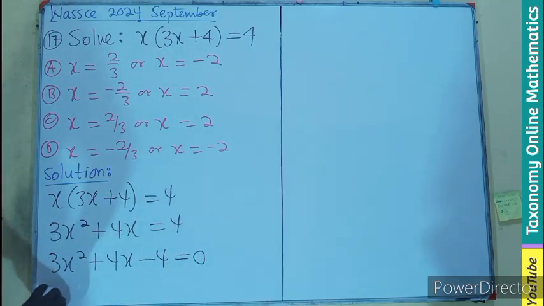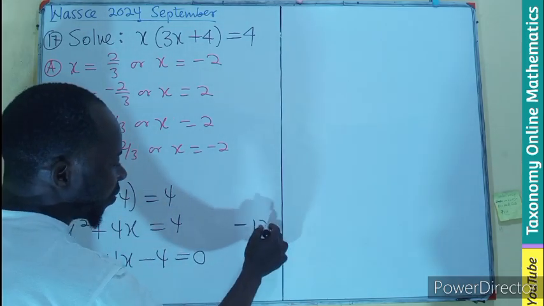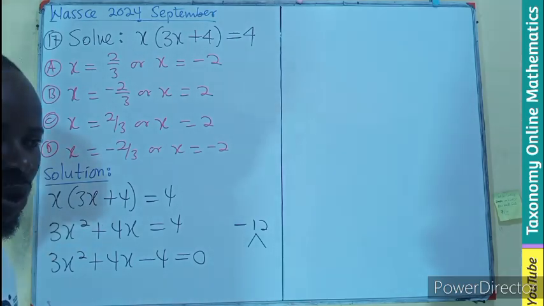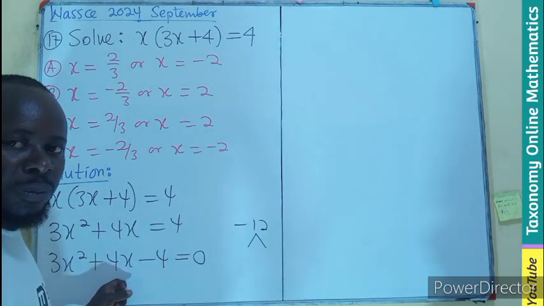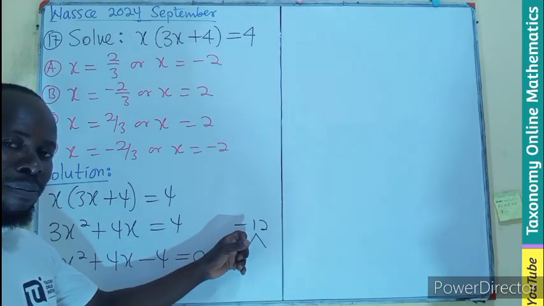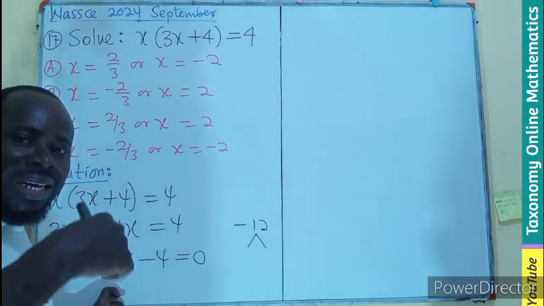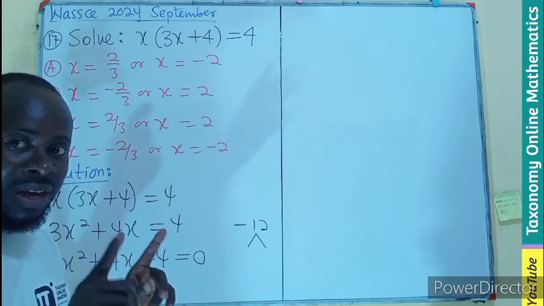Now, when we have a quadratic equation in this form, we use this 3 to multiply the minus 4, and that will give us minus 12. We'll be finding the factors of minus 12 which, when we add, give a positive 4. The number being negative and the middle term being positive means that one of the factors will be negative.